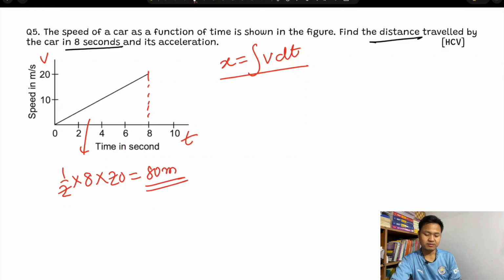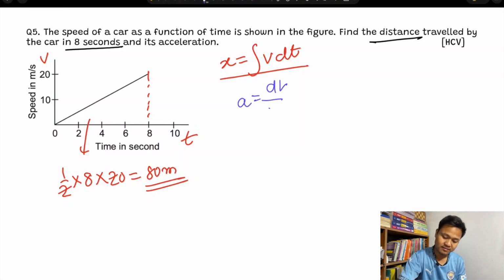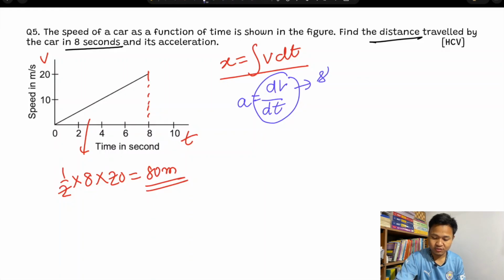And here you can see one more thing. They ask acceleration also. If you have a v versus t graph, acceleration is given by what? Acceleration is dv by dt. That means in a v versus t graph, the slope is the acceleration.